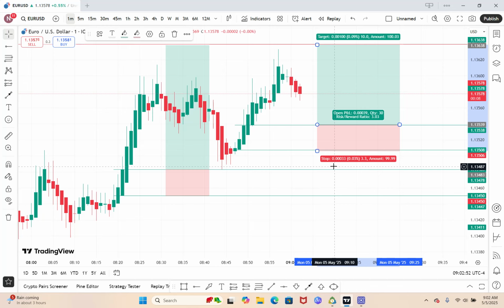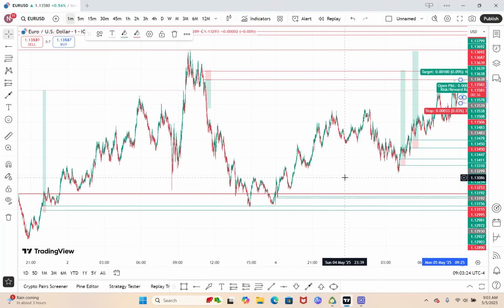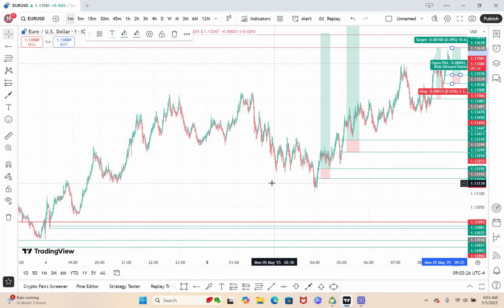See if we can get fill. Market is still coming down. Waiting patiently. So in the meantime, while we wait, let's see if we can find other opportunities.